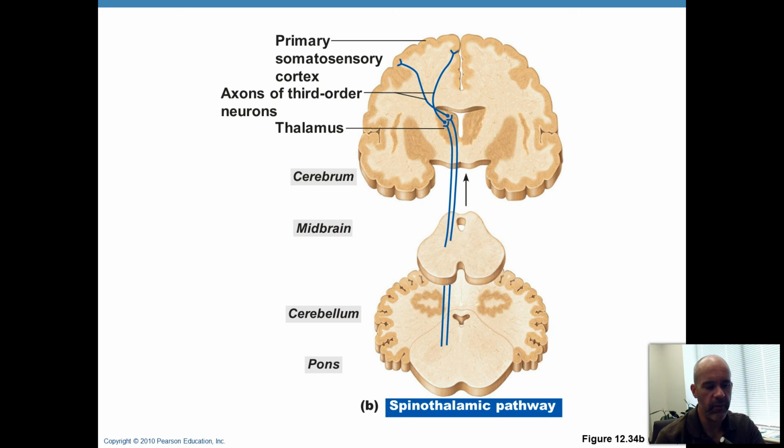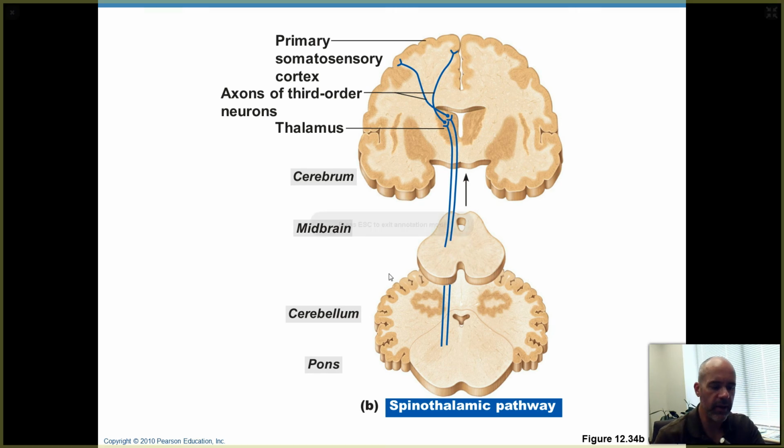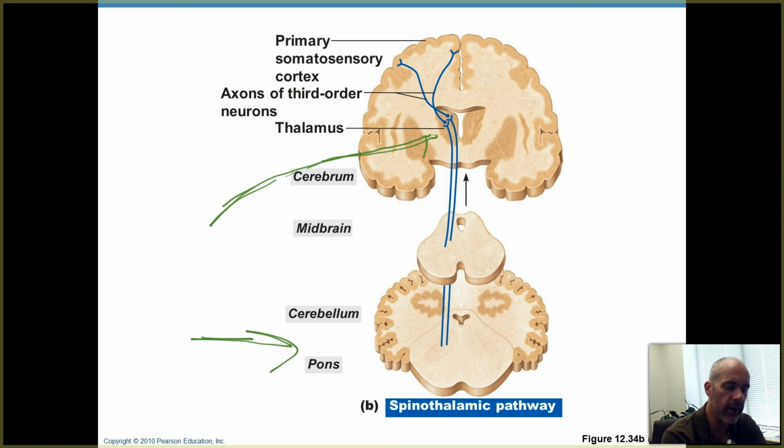And here they're showing you this diagram from your textbook, the completion of those tracts. This is a slice through other parts of the brainstem, and then finally you're up here. This is going to be the main part of the brain. Up here in an area called the thalamus, deep inside the brain, you have some gray matter where you have cell bodies of interneurons.